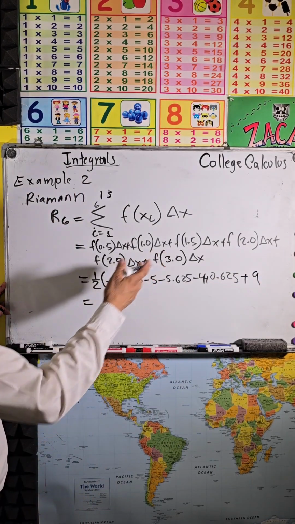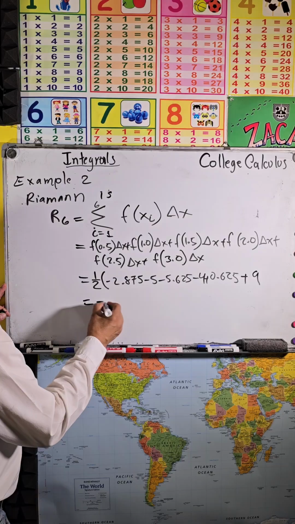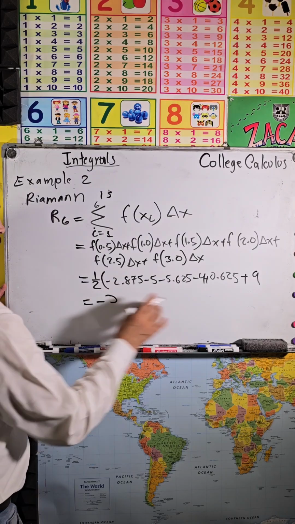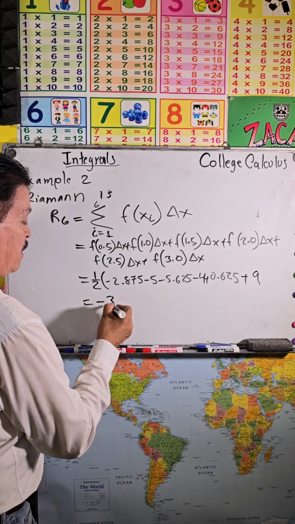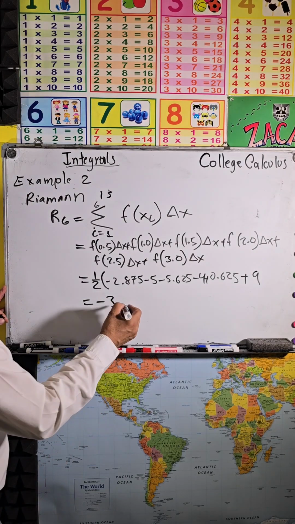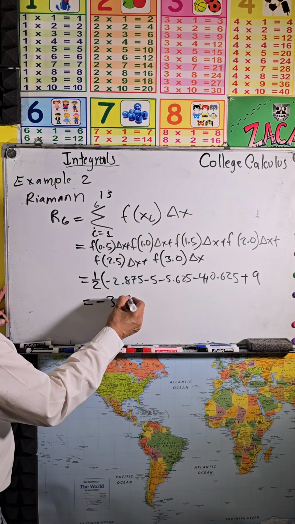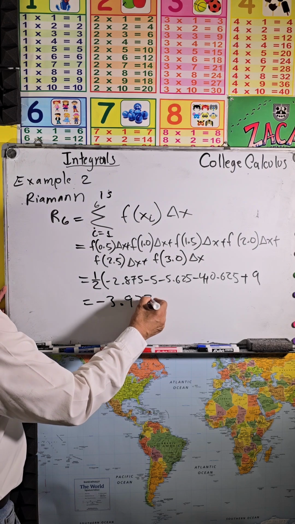So you simplify everything, and the answer will be negative 3.9375.